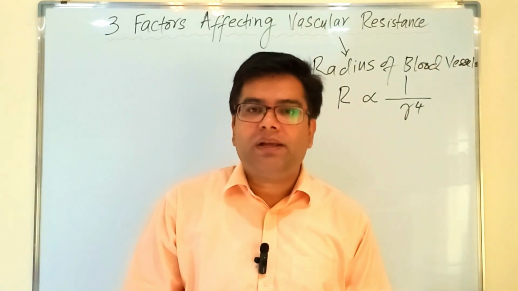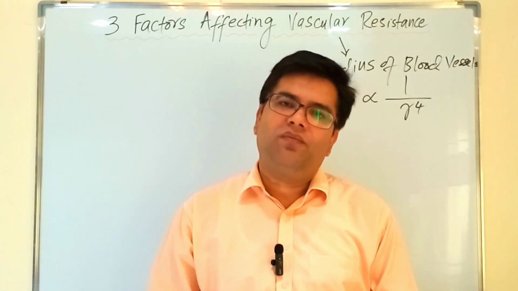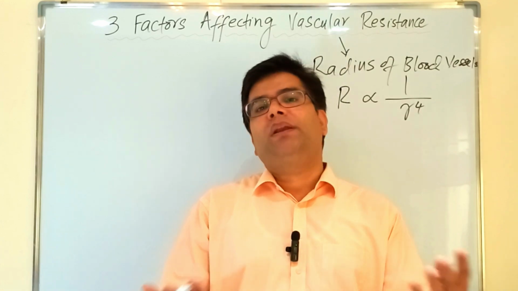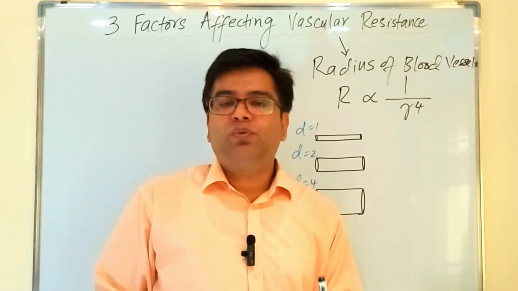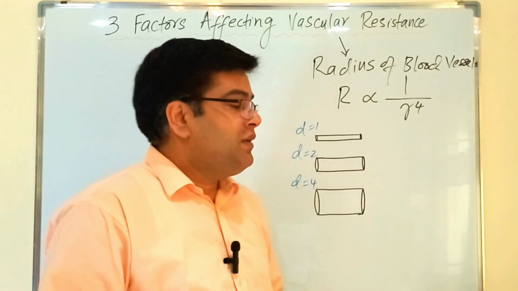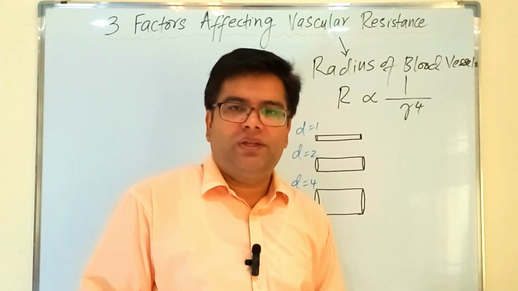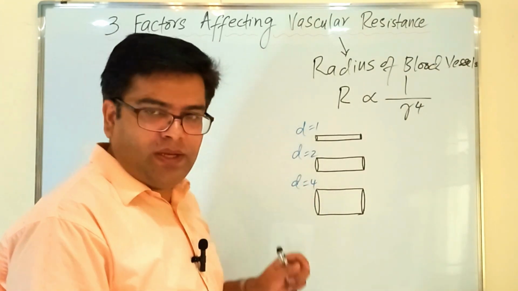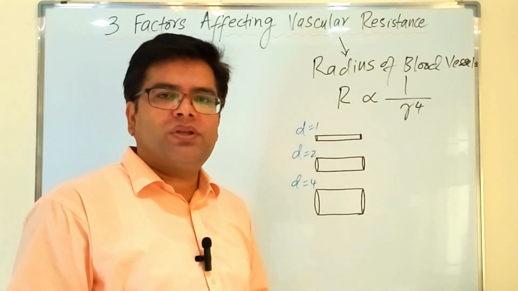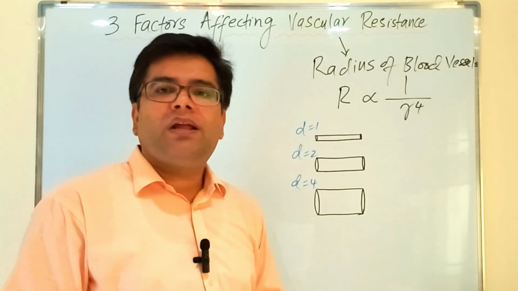Now I will exactly tell you what the effect on vascular resistance will be by doubling the diameter of a vessel. Let's suppose we have a blood vessel, the diameter or radius of which is 1. What will happen to the resistance if its diameter doubles?